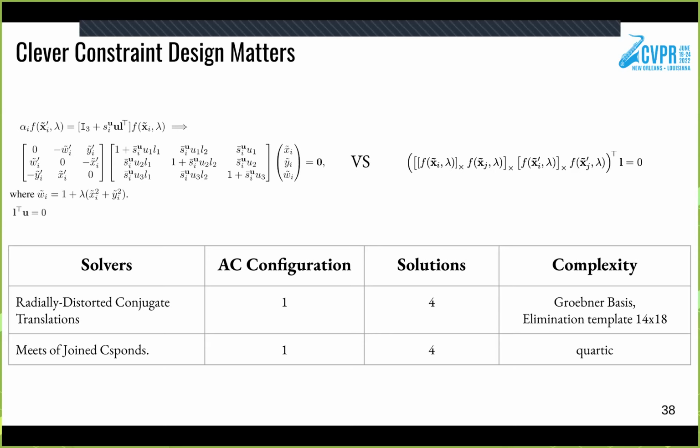The same geometry is being modeled, but in two different ways of generating it. On the left side, it requires a Gröbner basis. The elimination template isn't that big; it's 14 by 18. And on the right side, as I said, it's a quartic, and then a linear solution for L.